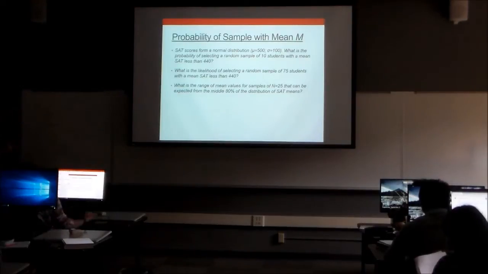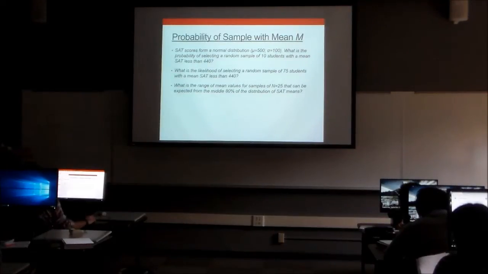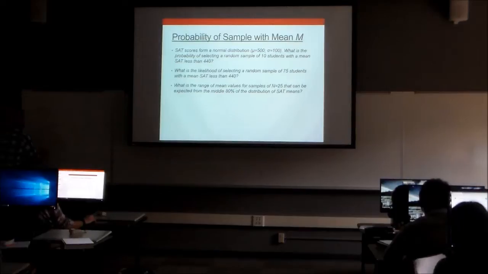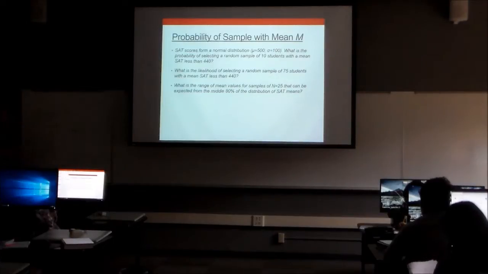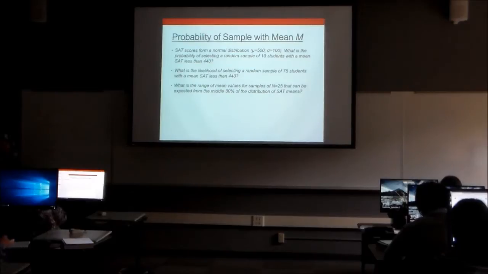And so what's the probability of randomly selecting a sample of 10 students and having the mean of that sample be less than 440? Rachel, you got that? 2.94%? So 0.0294, a little less than 3%, right?